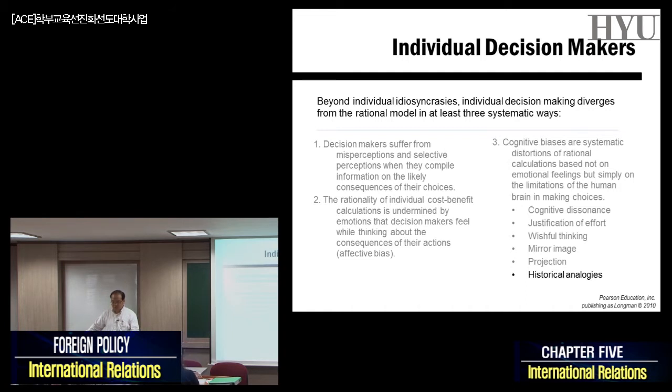The reason is the goals of different decision makers vary. The goals of individual decision makers are different. And decision making process faces a series of obstacles in receiving accurate information.